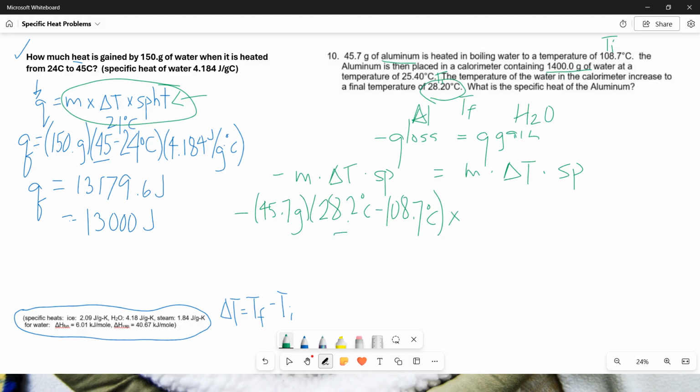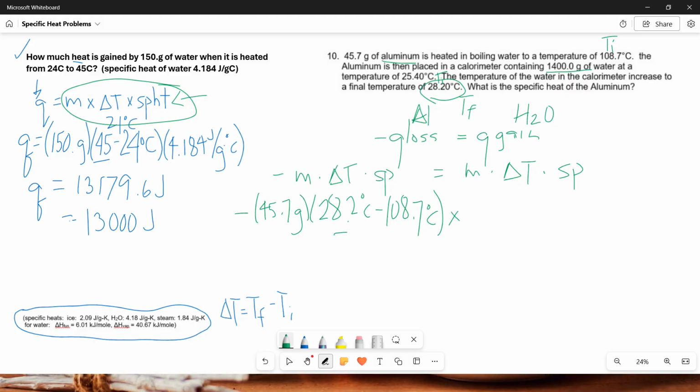This change is actually going to be a negative 80.5 degrees Celsius. And so this negative of a negative will make this side positive. That equals the 1,400 grams of water times the change in temperature, so 28.2 minus its initial temperature of 25.4 degrees Celsius, times its specific heat.